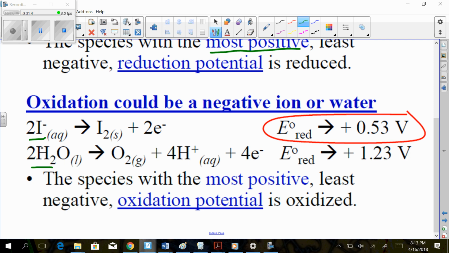Again, since it's the oxidation half, we look at the oxidation potential, meaning you just flip it. The one with the most positive is oxidized, and that one would be our iodide.